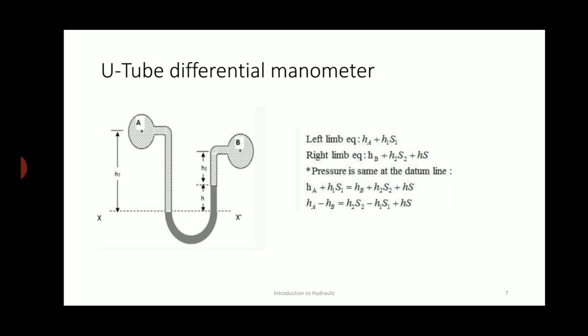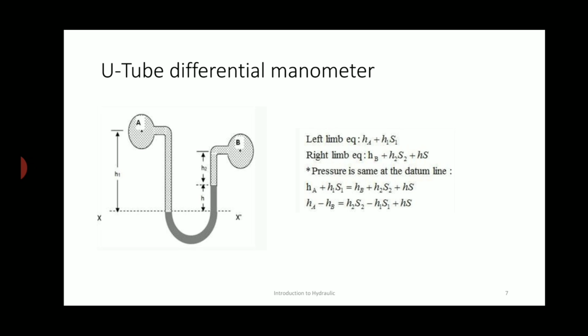The pressure at left limb is given by hA plus h1 S1. Pressure at right limb is given by hB plus h2 S2 plus hS. Pressure is same at the datum line.